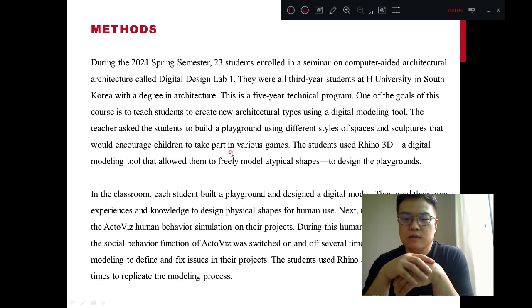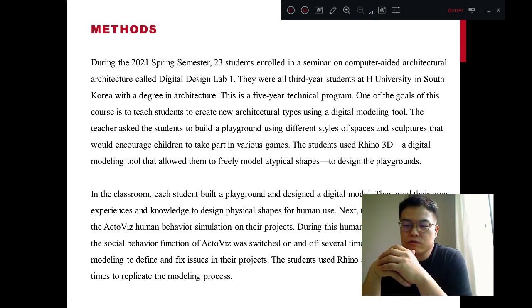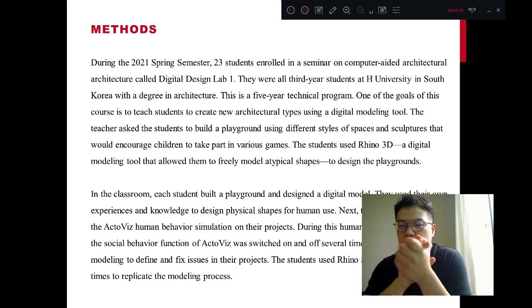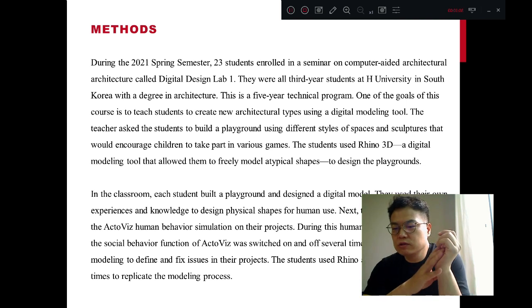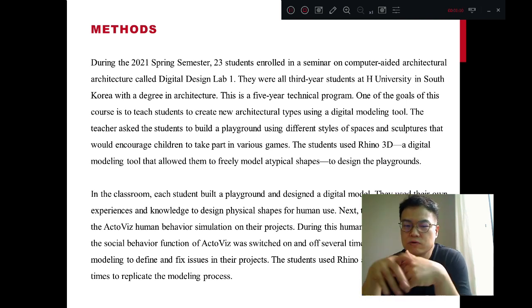Method. In the spring semester of 2001, 23 students enrolled in a seminar in computer-aided architecture called Digital Lab 1. They are third-year students in an architectural design program at a university in South Korea.